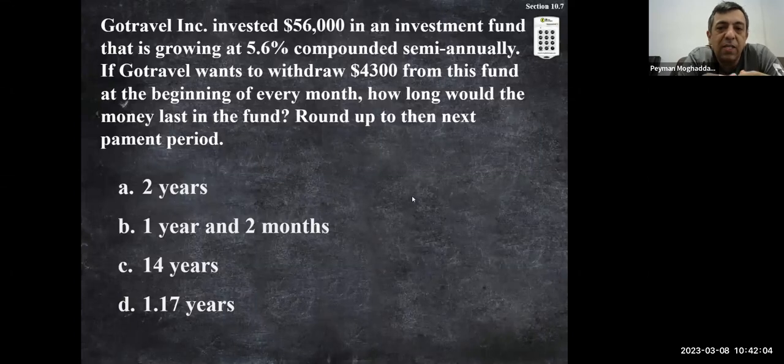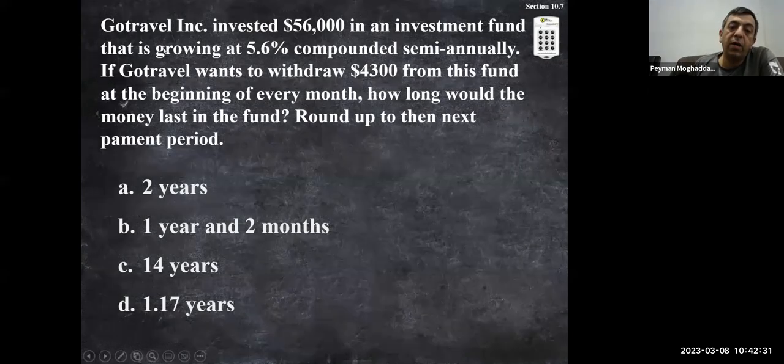Okay, so this is basically another present value problem, because he put the money in the bank and withdraws it every month. Which kind of annuity is this? It's a due annuity, because it's the beginning of every month, and it's general, because the compounding period is semi-annual but the payment is every month.